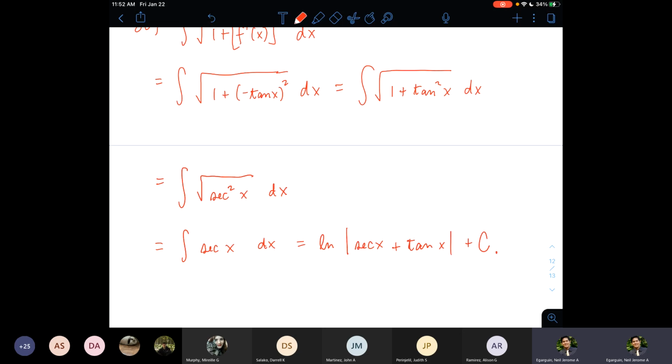Integral of secant x equals that thing? I already forget the integral of secant x. Though I can derive it, but it will take some time. But I hope this is correct. Yes, Daryl, any question? Oh, I'm sorry, I totally forgot to lower that hand. Okay, no problem.